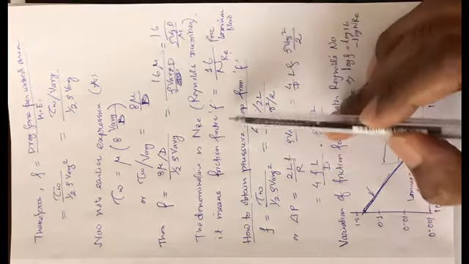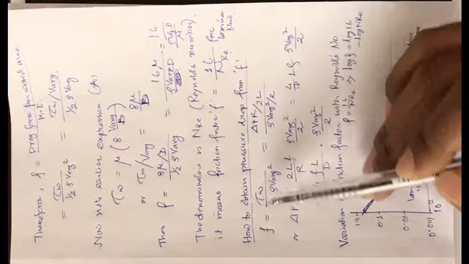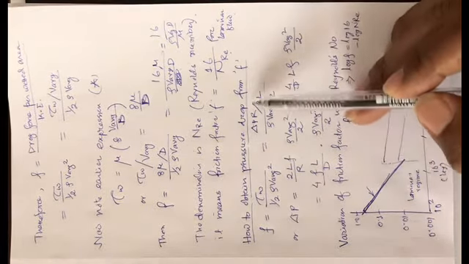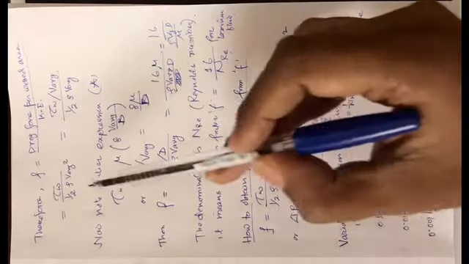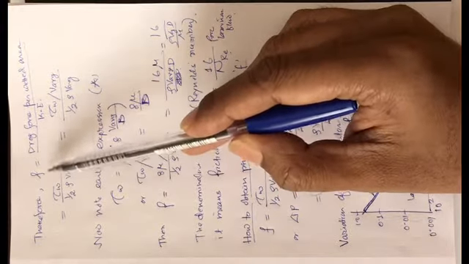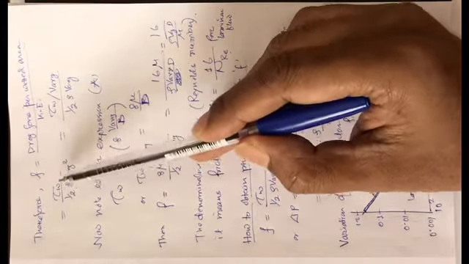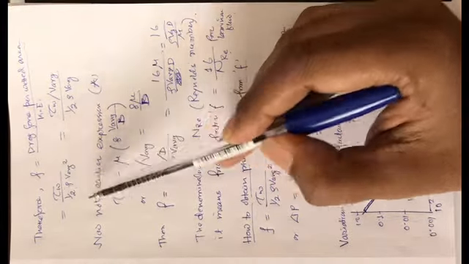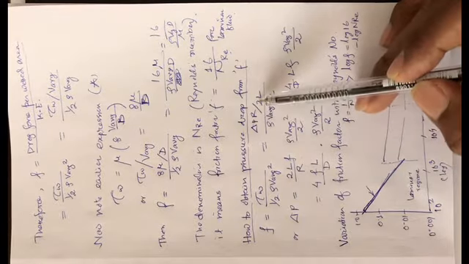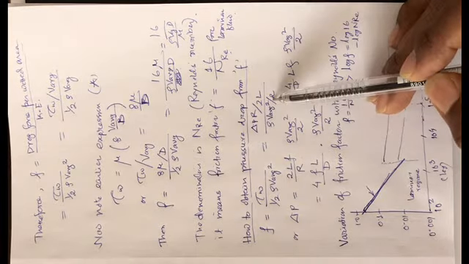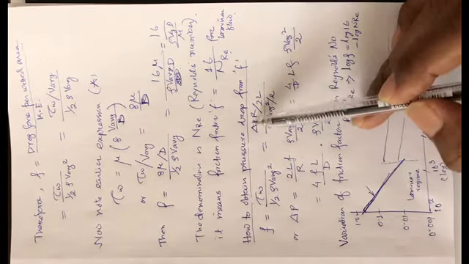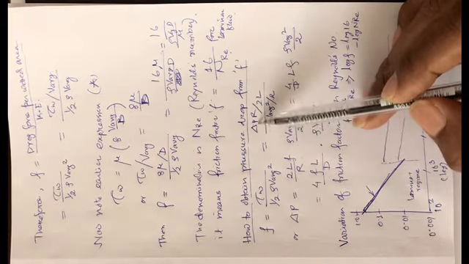Now if you know the value of friction factor, then how can you obtain the pressure drop? Let us come back to this definition of F. It is tau w divided by kinetic energy. So tau w is delta P R by 2L, and the kinetic energy term. From here we are interested to know the pressure drop.